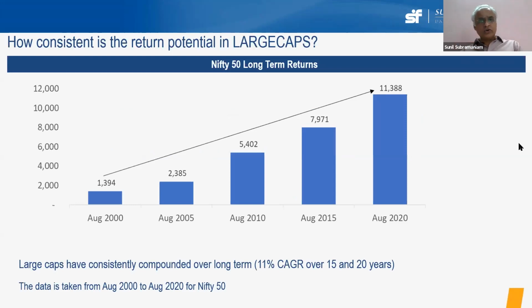And to close out my argument, though large caps give lesser returns in good economic cycles than mid and small caps, the fact is that if you stick to long-term investing, like a 15-year, 20-year period, they have still delivered healthy double-digit returns of 11% per annum. In comparison, for bank deposits, long-term capital gains on equity are taxed at only 10%, so post-tax you still get 10%, whereas bank deposits at 6 to 7% with 30% taxation leave you below 5%.